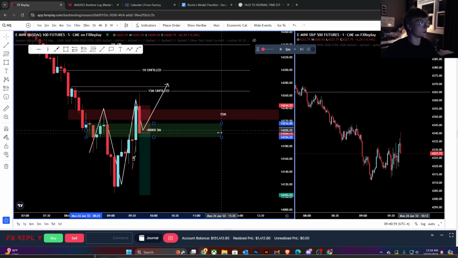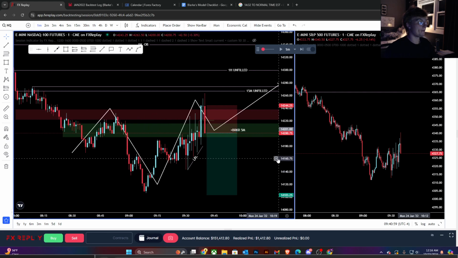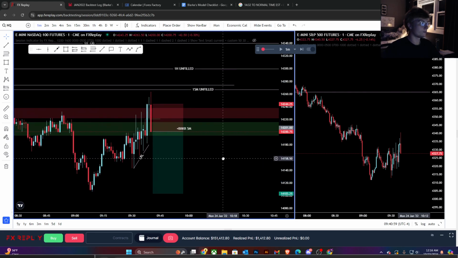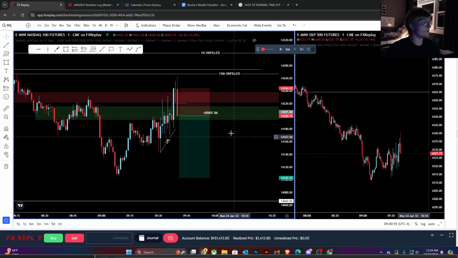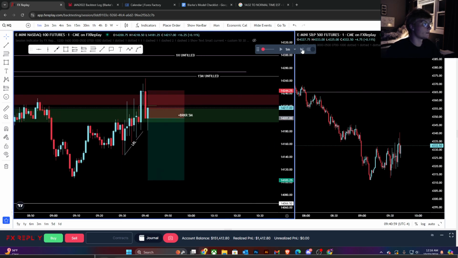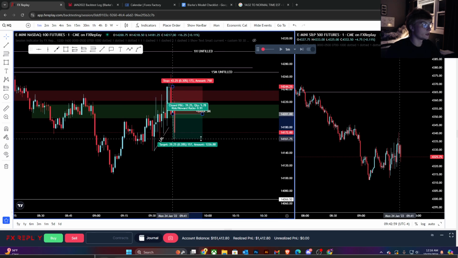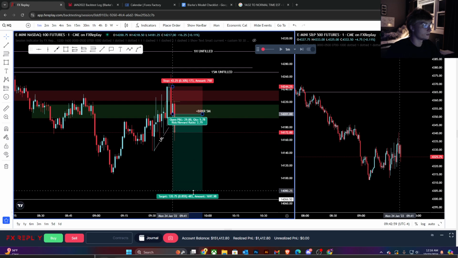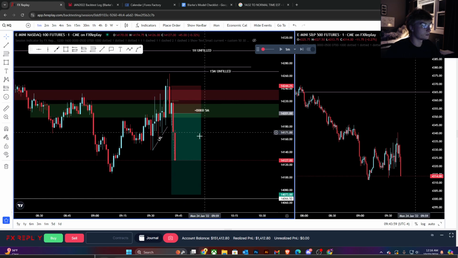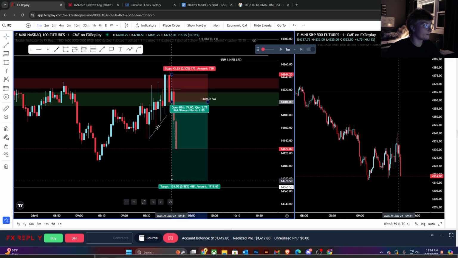So yeah, I don't like shorting right now. But yeah, let's see if this plays out. I'm not taking this, but let's see, break even would be at like 101. Alright, so it did play out.